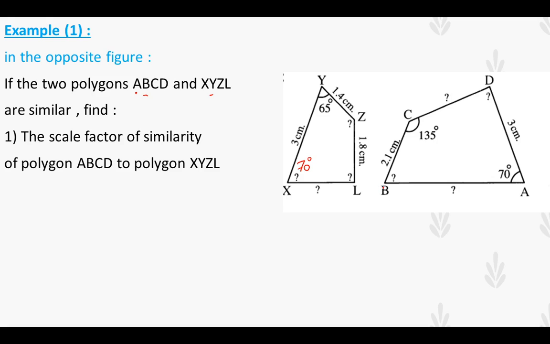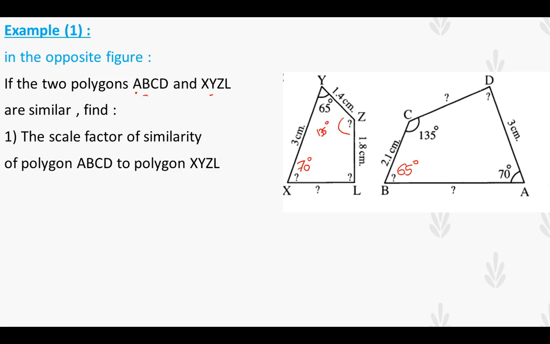Measure of angle B equals measure of angle Y, so measure of angle Y equals 65 degrees. Measure of angle C equals measure of angle Z, so measure of angle Z equals 135 degrees.